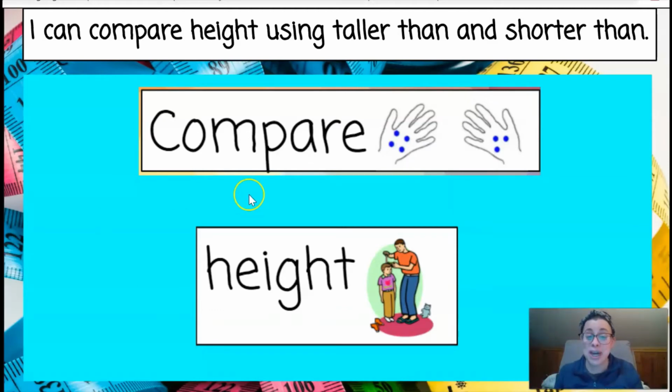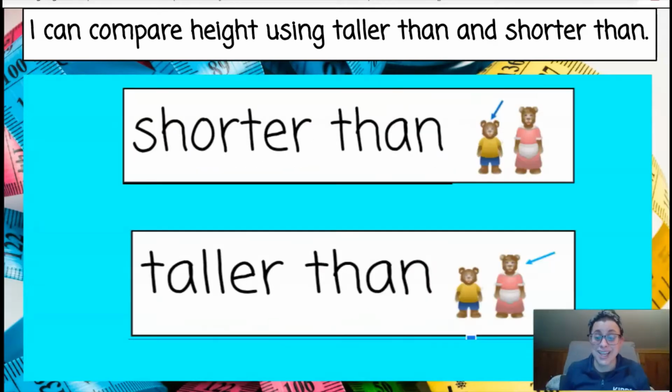So we're comparing different objects' height. It means top to bottom. To compare different objects' height, we're going to use these two phrases, shorter than, taller than.